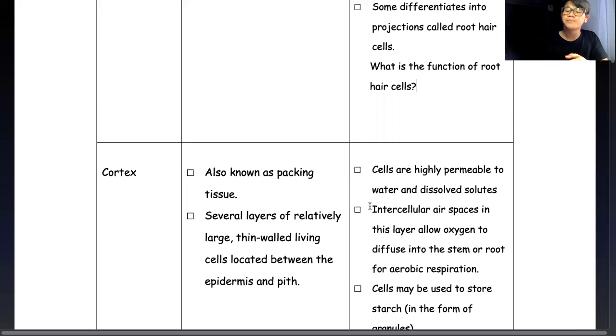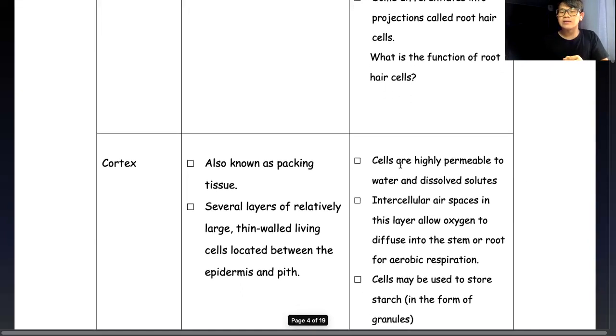Okay, what are they for? Well, here, the cells are highly permeable to water and dissolved solutes, which means water and any minerals, any salts, can easily masuk into the cells of the cortex. So if it is easily permeable, what does it mean? It means the water and the minerals can easily arrive into the phloem or into the xylem.